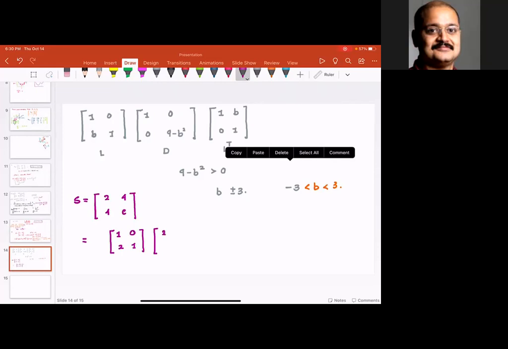Try MATLAB symbolic. The result has 0, 0, C minus 8, and 1, 2, 0, 1. So your value of C has to be greater than 8 for positive definiteness.